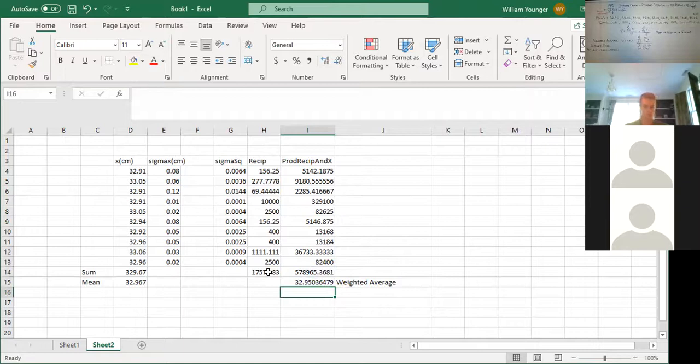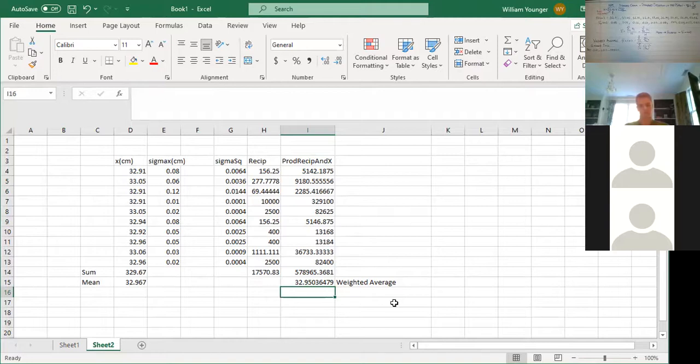So I didn't get a huge difference. This should be rounded to 32.97 probably. And I'm going to talk more about where we round that a little bit later. But if I just did the straight mean, I would get 32.97 to 2 decimal places. If I did the weighted mean, I get 32.95 to 2 decimal places. So you can see that the averages did make a difference.